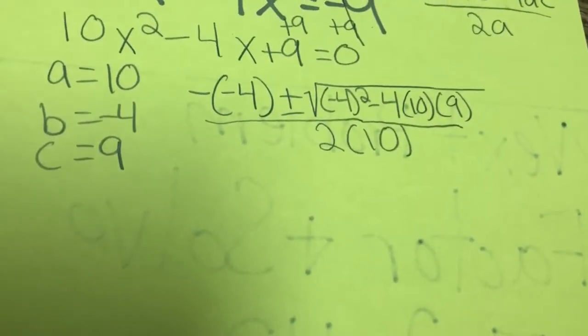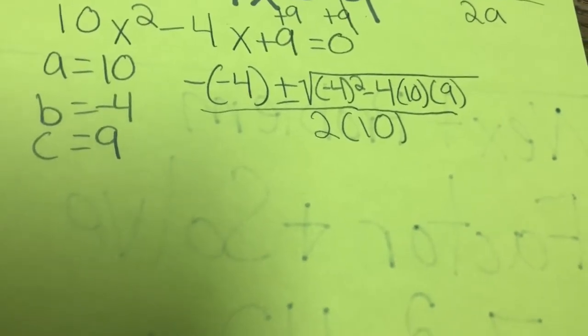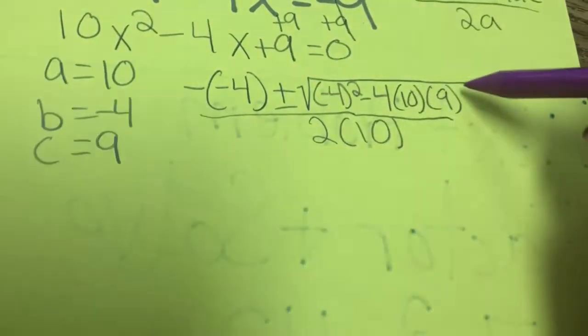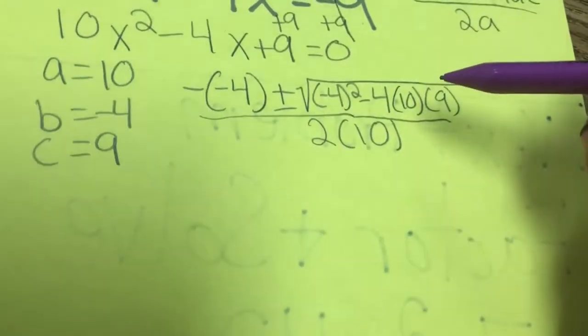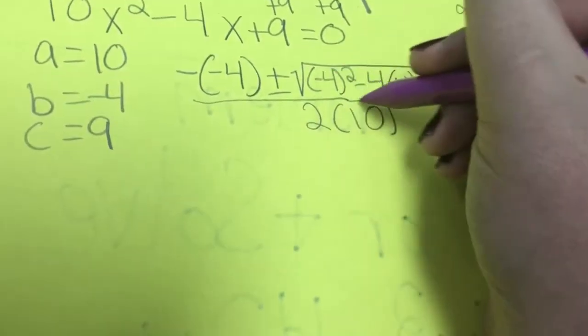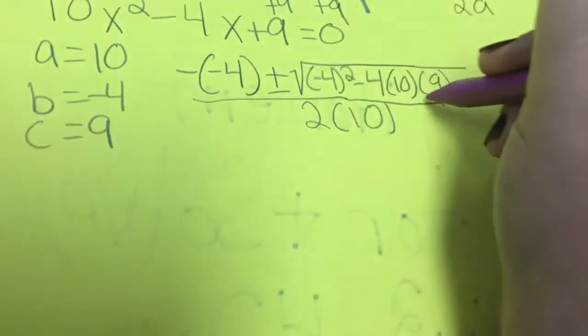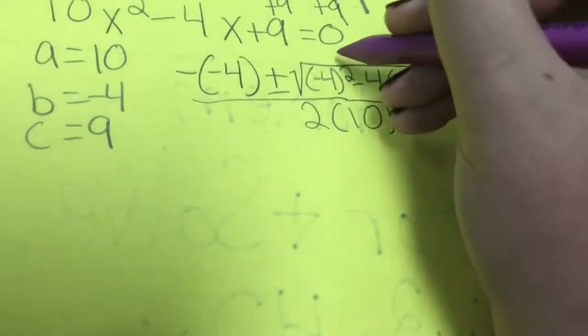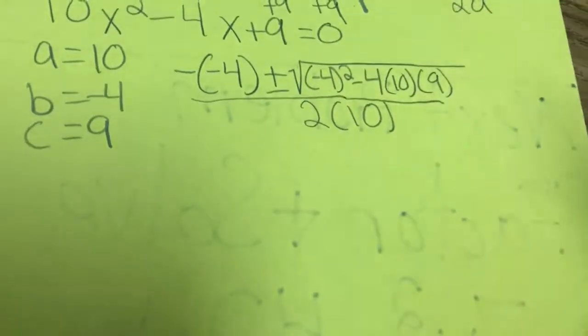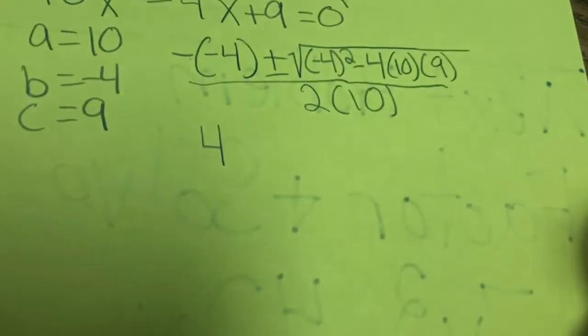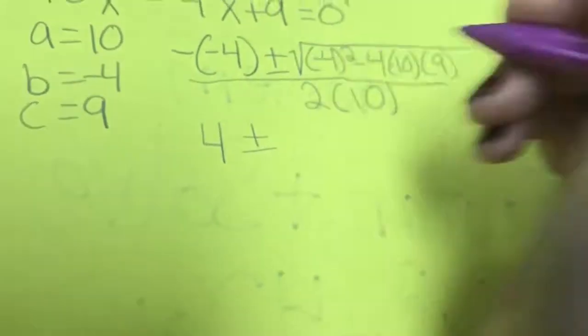No, you cannot put all of this in the calculator because the calculator is not going to calculate all of this underneath the square root with the square root. So you can substitute what's under the square root into the calculator and figure out what's under the square root, but it will not calculate it with the square root. So we've got negative times a negative, which is a positive, plus or minus.